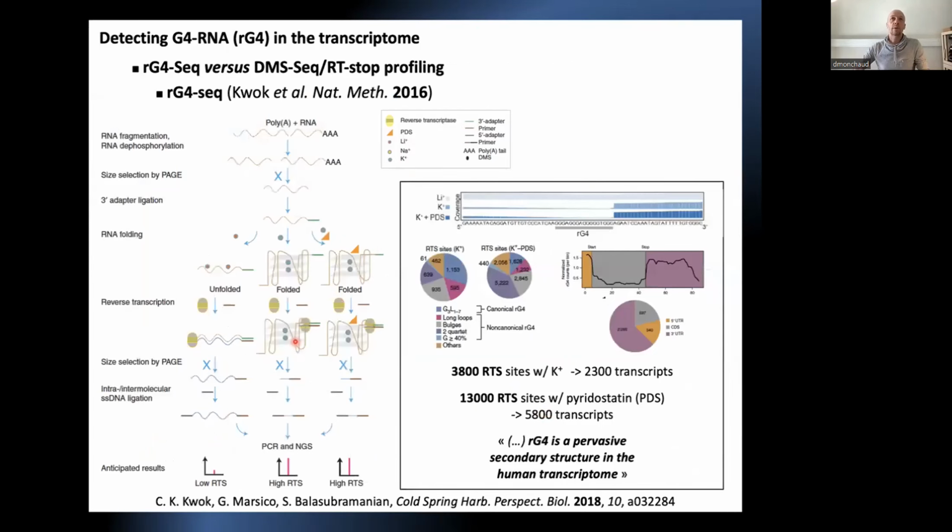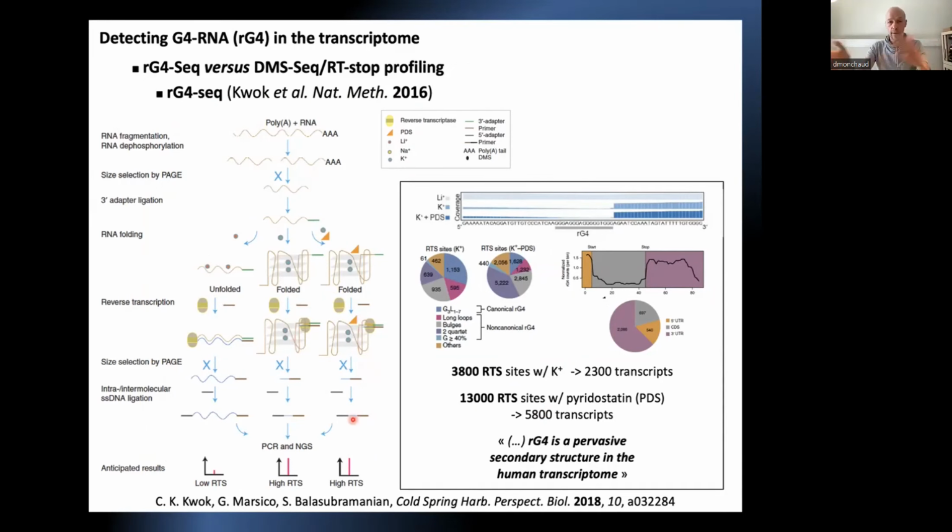When we decided to develop this, it was because there was a kind of controversy in the field. The RG4-seq method developed by Shankar in 2016 is very simple: you purify your RNA, you split your RNA pool in three batches, one is untreated, one is treated with G4 promoting conditions, and then you add a PDS ligand, so it's more than G4 promoting conditions.